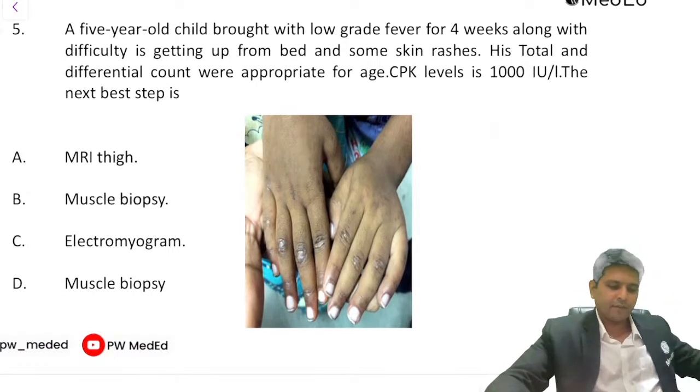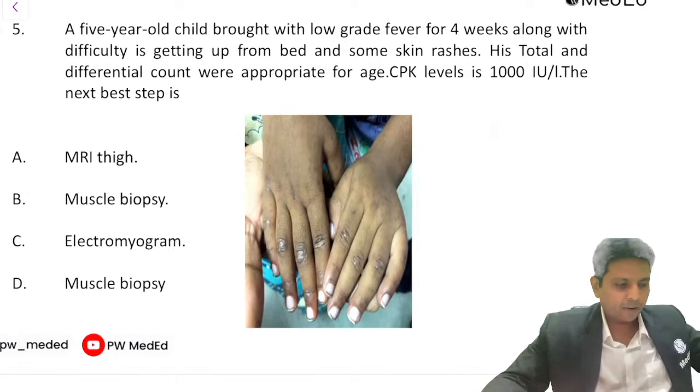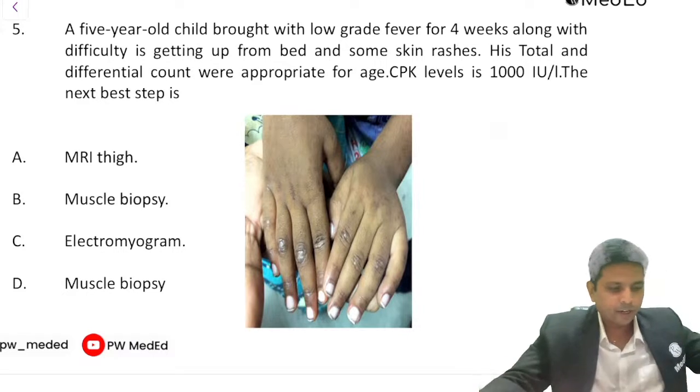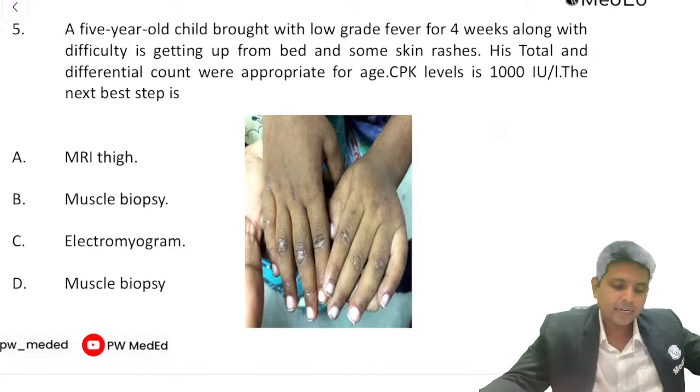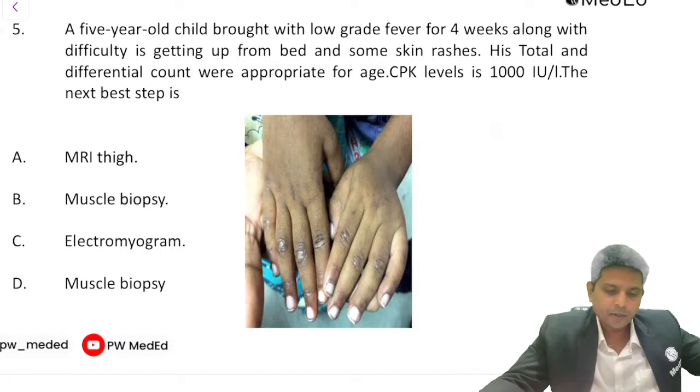What is this? A 5-year-old child brought with low grade fever for 4 weeks, along with difficulty in getting up from the bed and some skin rashes. His total and differential counts were appropriate for age. CPK levels are 1000 international units.